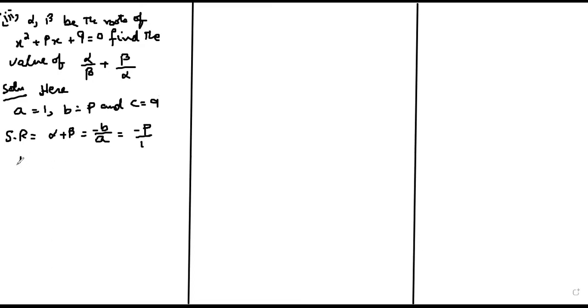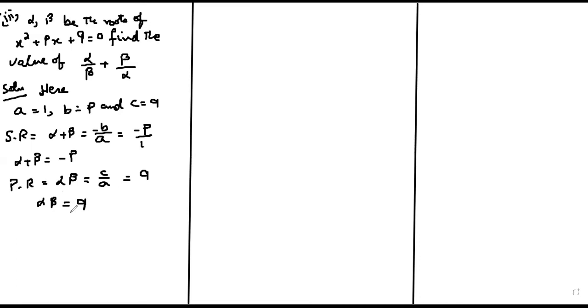So alpha plus beta equals to minus p, right? And product of the roots equals to alpha times beta, which is equals to c over a, which is equals to q, means alpha beta equals to q.